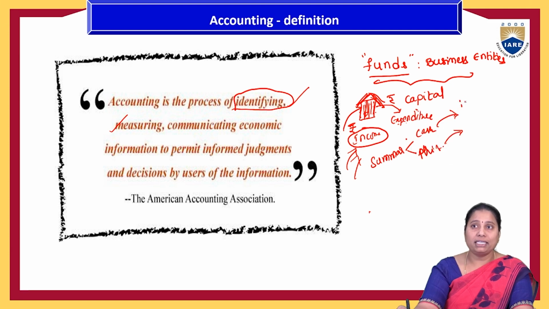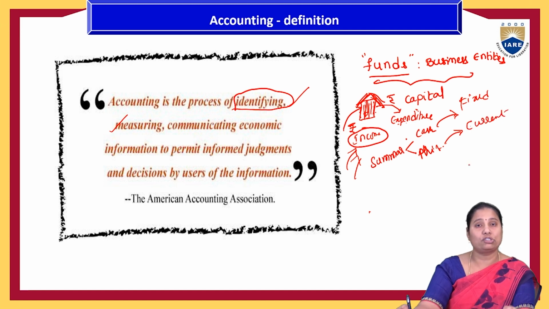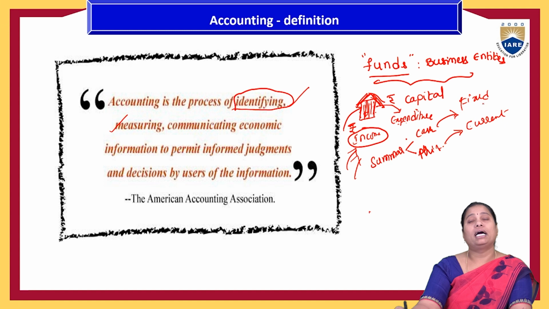Like for the fixed items, how much amount are they spending. For the current items, that is day-to-day activities, how much amount are they spending.